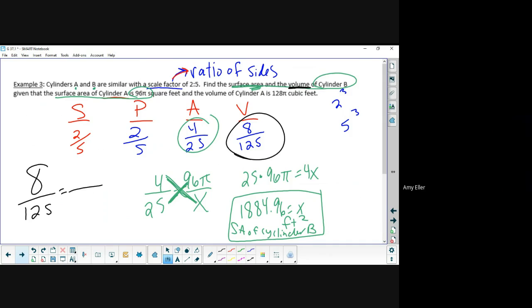Do we know the volume of one of them? Yes, we do. The volume of cylinder A is on the top, 128 pi. I'm going to use the variable b this time because I don't want to use x again on the same problem. Go ahead and solve for the volume of cylinder B.